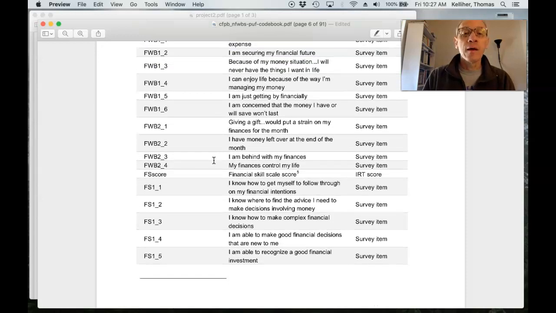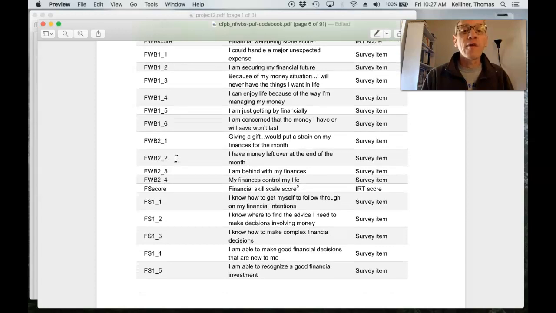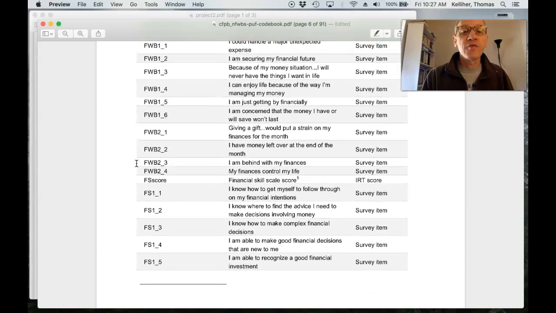I'm going to pick this one here: I am behind with my finances, and this is the field name. The survey refers to these as variables, but working with the NSFG data, we've talked about fields. So this is the field.